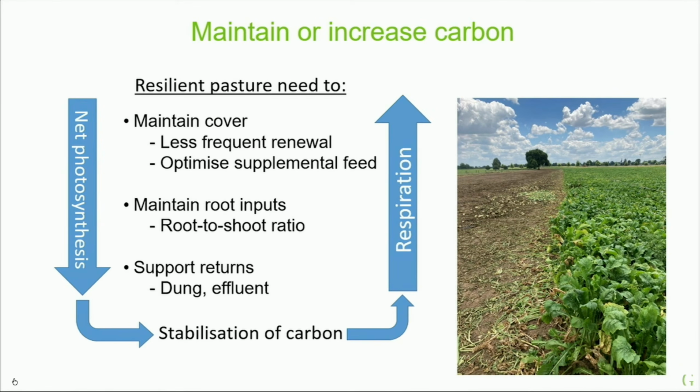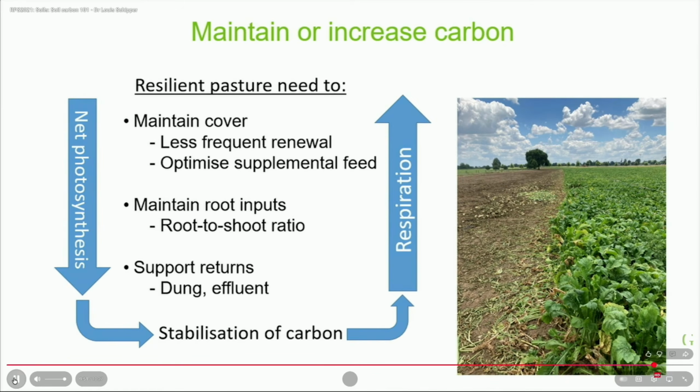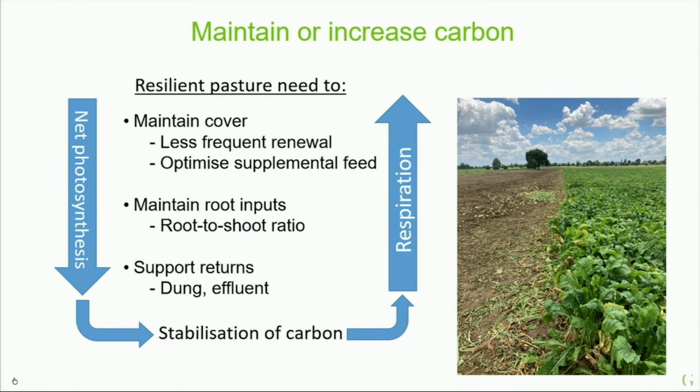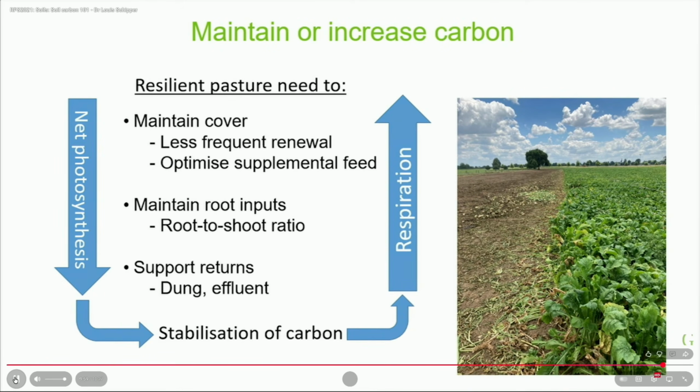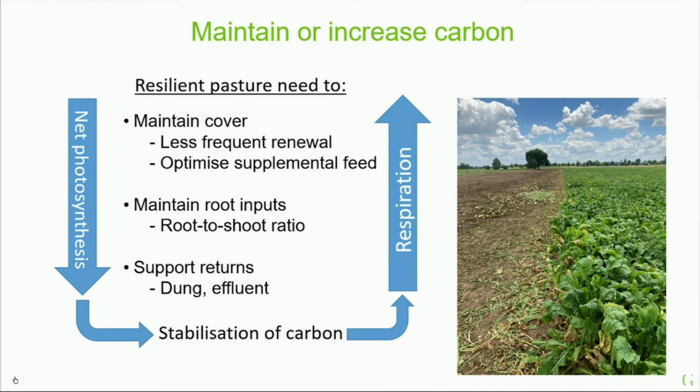It is particularly important that we think about the inputs into roots, not just what we see above ground, so that we maintain that carbon stock. If we harvest all the above ground material and take it somewhere else, and we're not having the animals eat it on site, we are going to lose the dung inputs into the soil, which also carries carbon with it and sustains carbon stocks as well. A small amount, but an important amount.